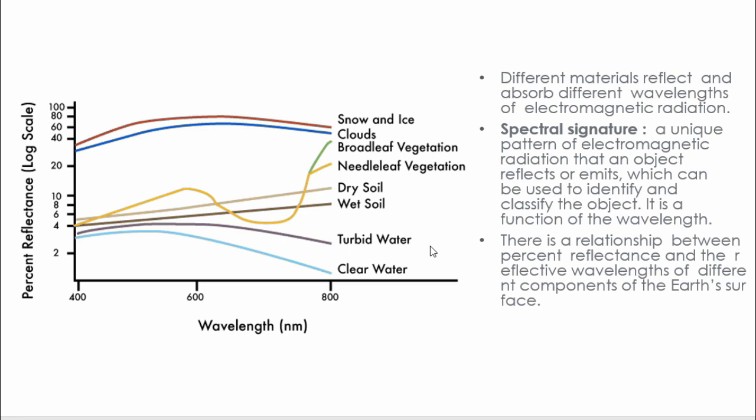So if you define wavelengths and then read reflectance, we can pretty much identify what the objects are as a function of wavelengths. So there's a relationship between the reflectance and the reflective wavelengths of different components, so that you can pretty much infer what the objects are.